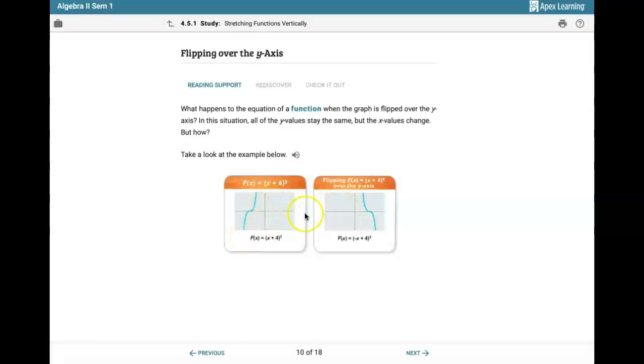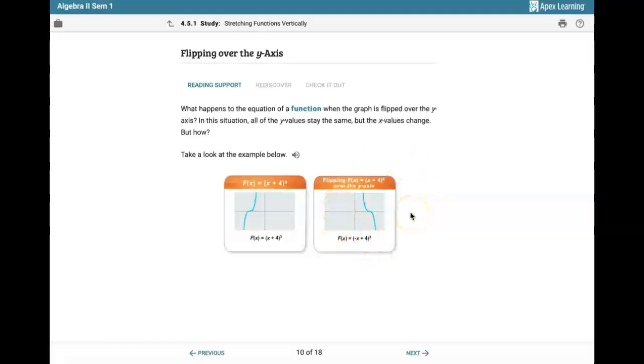When I look at this equation here, this one is telling me to move 4 to the left, and then we're going to have that x cubed relationship. What this one's telling me is that we're going to move 4 to the left because of that plus 4 there, and then we're going to reflect it across the y-axis.